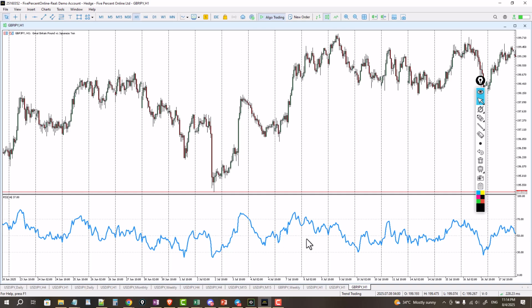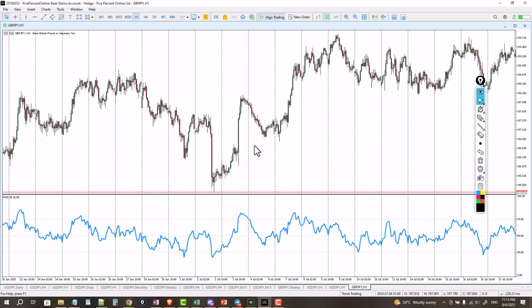Again, I told you that some traders use this indicator so that when the indicator reading goes above 70, they're going to sell because they assume that price is overbought. And when the indicator's reading goes below 30, they assume that price is oversold, and so they're going to buy. But other traders use the 50 line instead.